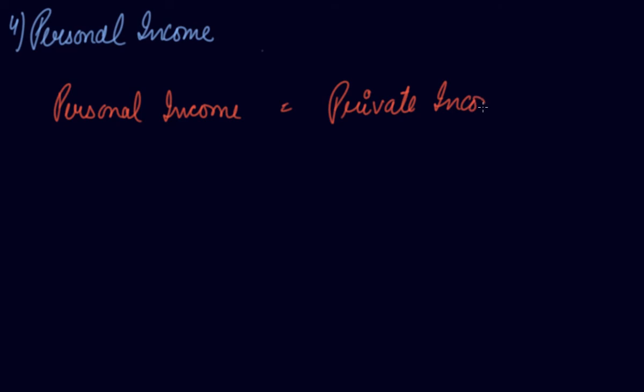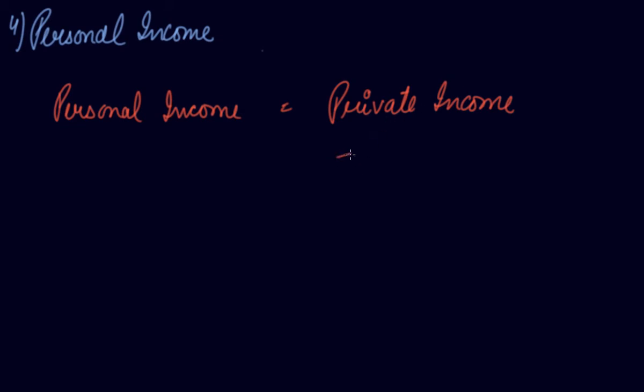Now, personal income. Personal income means income of the households. So, personal income is the total of all the current income received by the household from all the sources. So, in order to calculate your personal income, first you will calculate your private income. Your private income includes the income from private sector as well as private households, right?